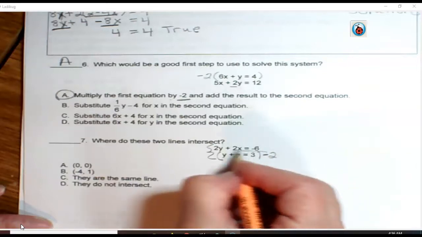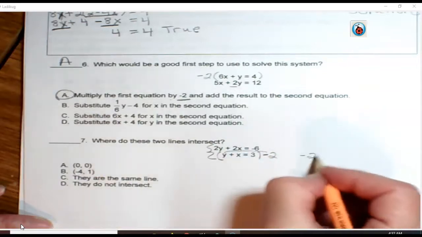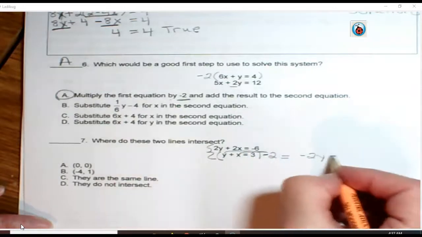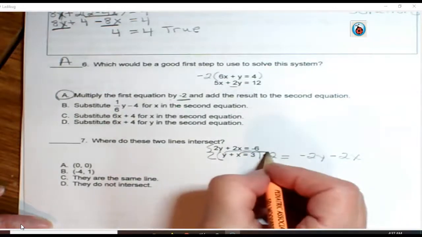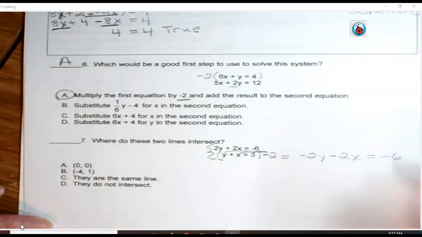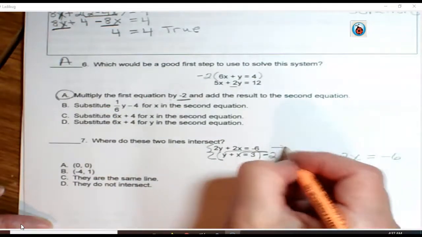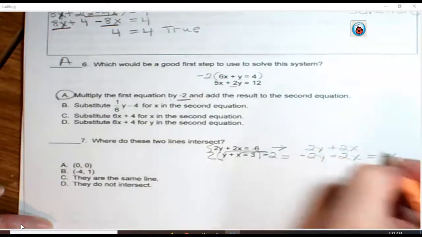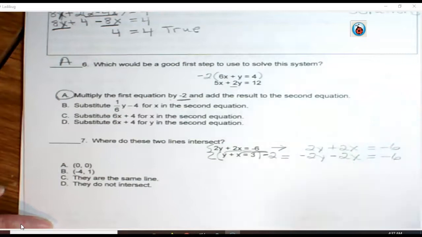So -2 times y gives me a -2y. -2 times x gives me a -2x. -2 times 3 gives me a -6. I'm going to write this one right over here. 2y plus 2x equal -6.